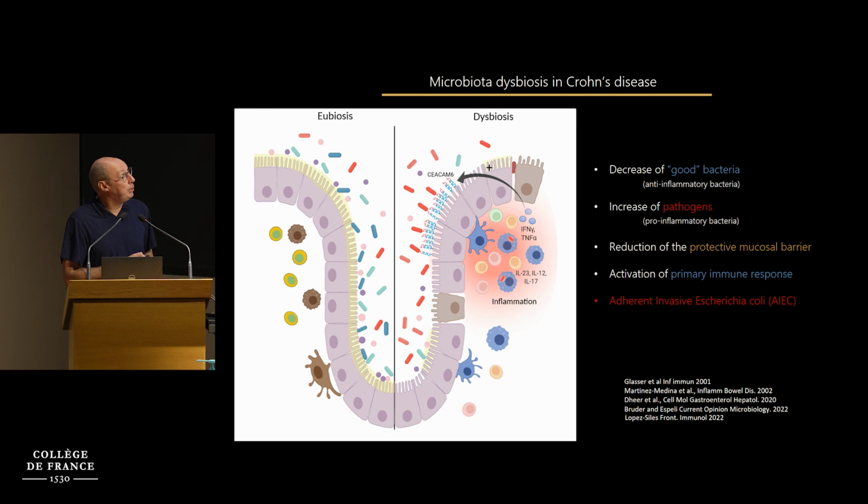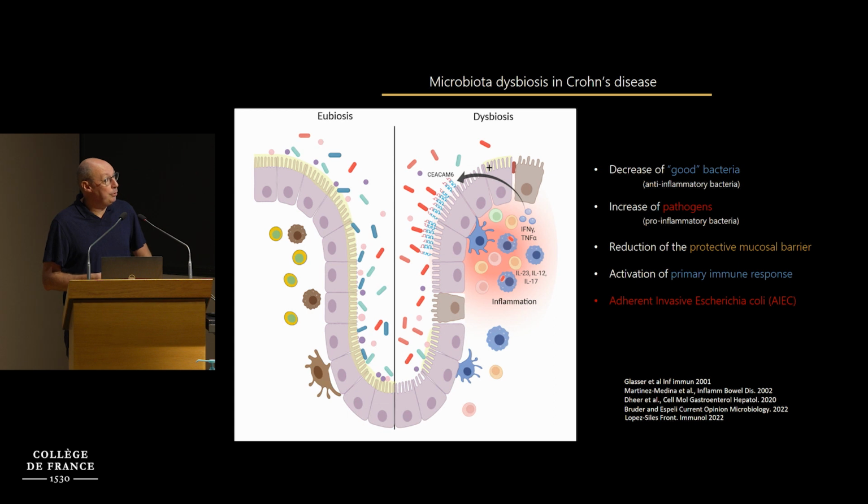In patients with Crohn's disease, there is a dysbiosis, and you lose most of the good bacteria. These patients get an increase of pro-inflammatory bacteria, pathogens or commensals, a reduction in the protective mucosal barrier, and activation of the immune response.